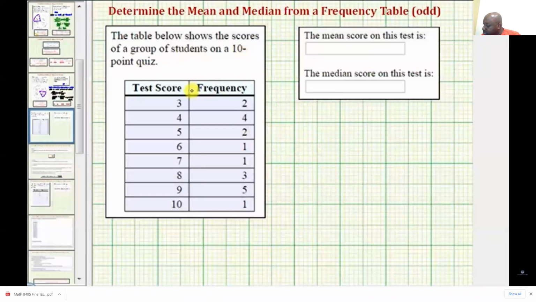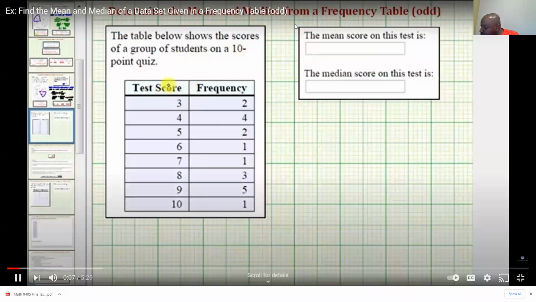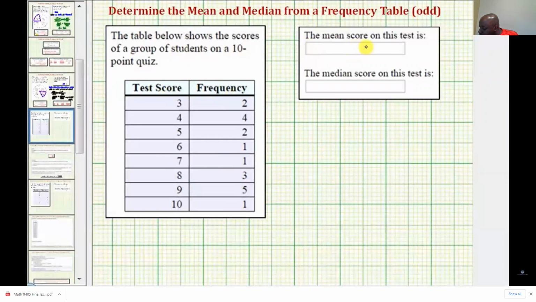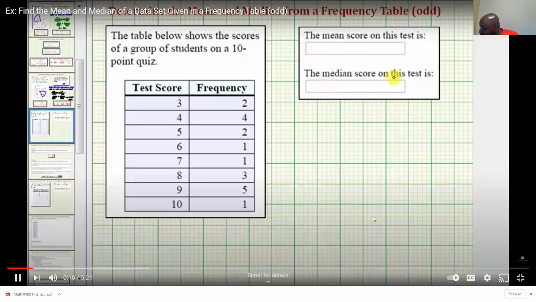Notice how the information is given as a frequency table, where the first column are the test scores, and the second column gives the frequency of each test score. We want to determine the mean score as well as the median score.